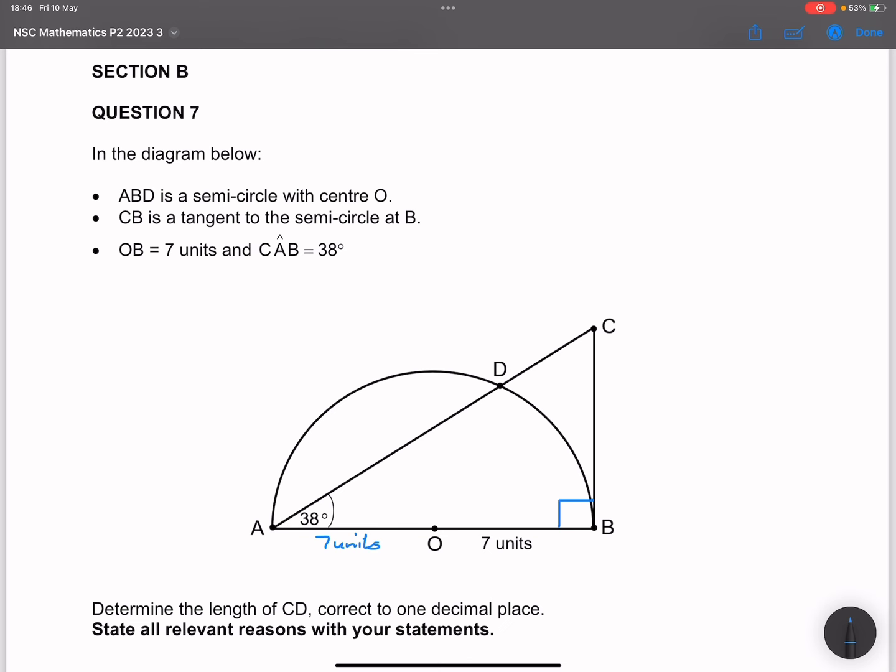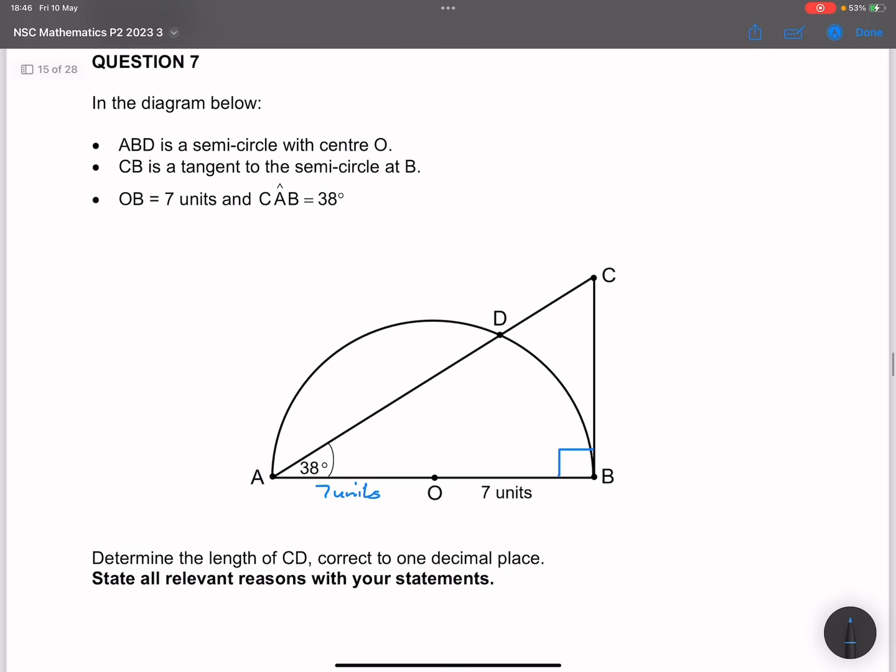Right, now we're looking for the length of CD. Now note in this case, ladies and gents, we're looking for that small little side there. So what we're going to do is I am actually going to construct. Okay, in fact, let's do this. Let's find AC first.